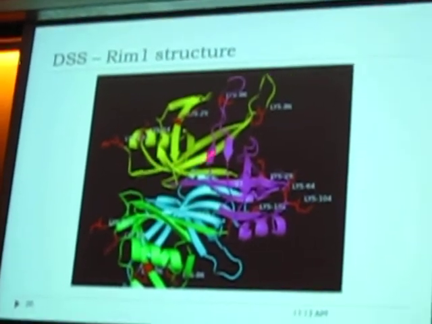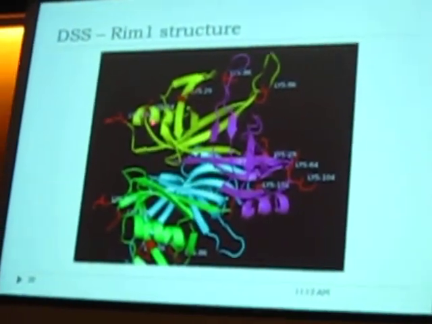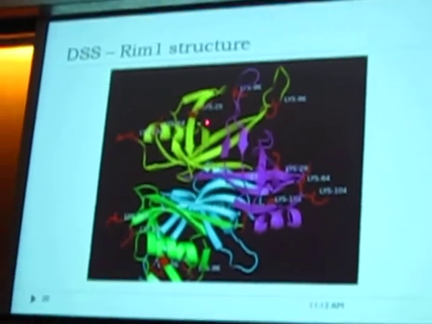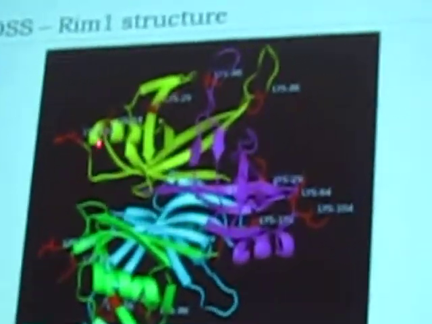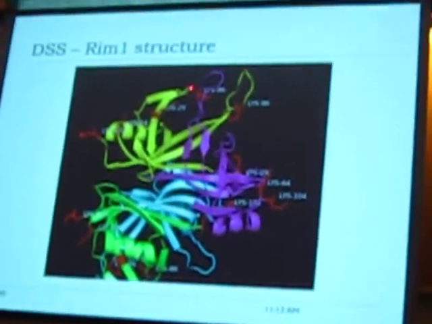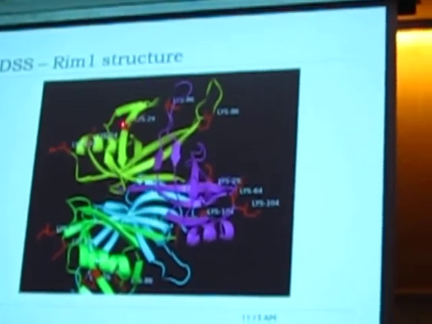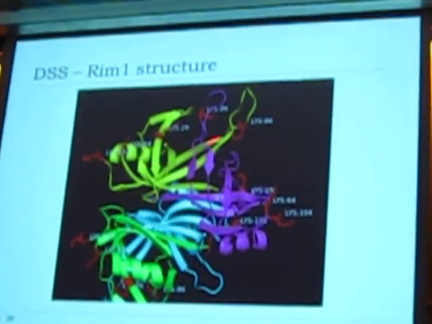This is the actual crystal structure of Rim1, and these 4 residues, lysine 64, 29, 86, and actually lysine 105, but the crystal structure is only solved to 104, so that's why we are taking that as reference, are predicted to be the most available surface amino acids, and you can see they are really available on the surface.